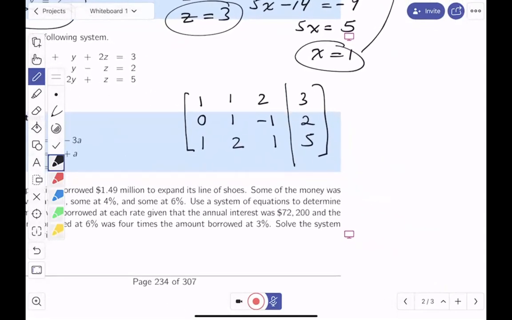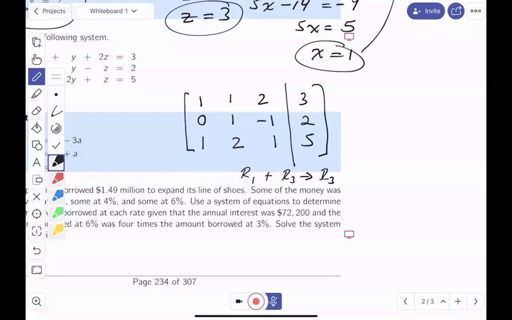Let's take a look. I want to get the zeros. So I'm going to say, let's take a look at what we want to do here. I'm going to say row 1 plus row 3, give it to row 3. I think I can do that without writing it down, by the way. So I'm just adding row 1 and row 3 together.